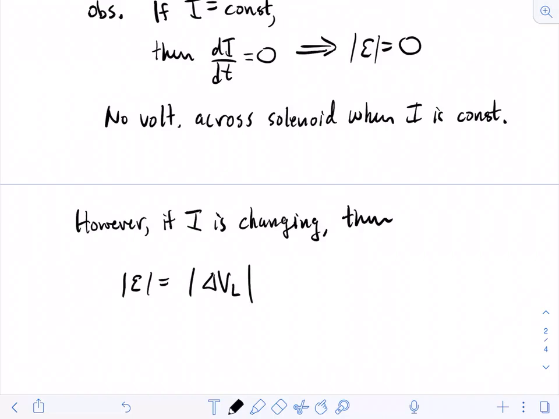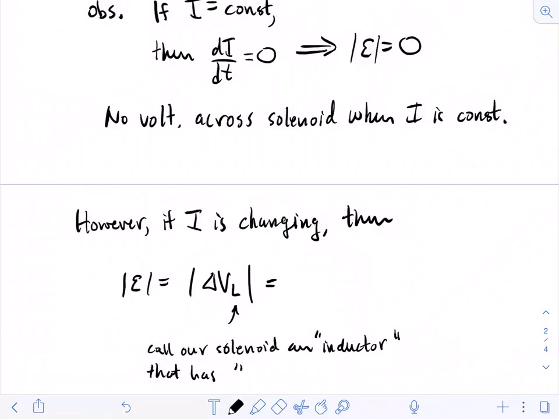And the subscript L is going to stand for inductance. So we're going to call our solenoid an inductor that has an inductance of L.